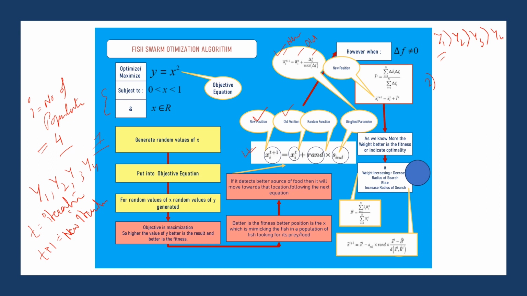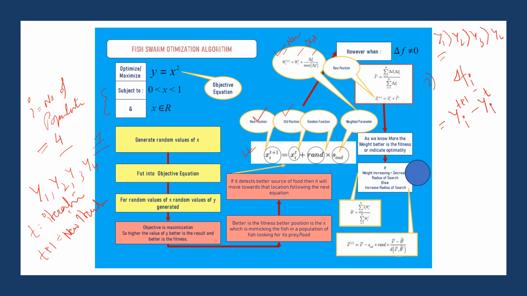Now you will say, what is del F? Very easy. Del F I, there will be an I, because for each I there will be one del F. Because we have 4 Y's, 4 population, I is equal to 4, so we will have 4 del F's. So what is this del F? Del F is actually Y I at t plus 1 minus Y I at t.